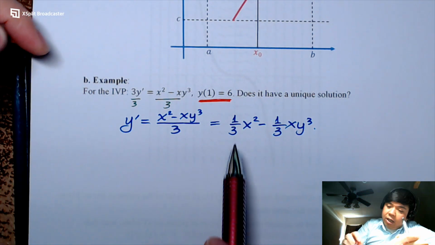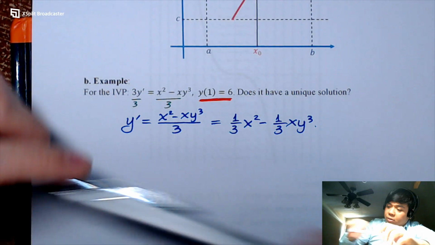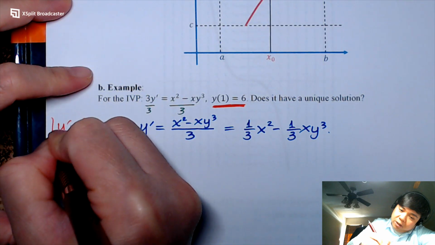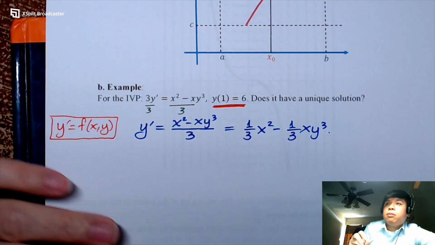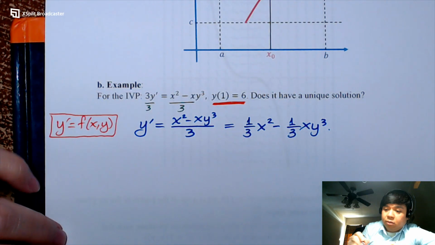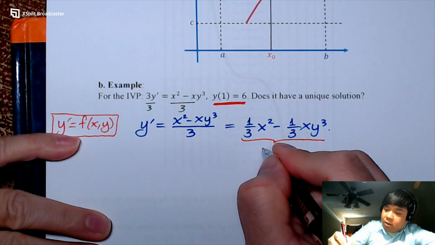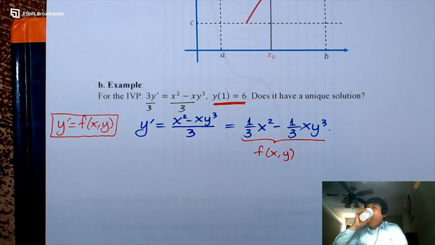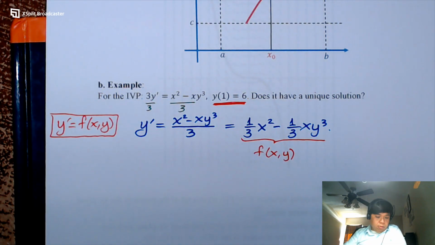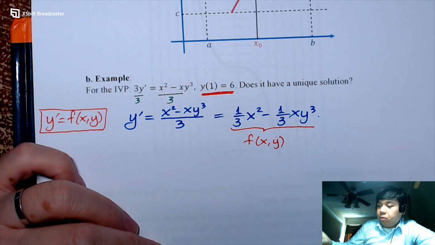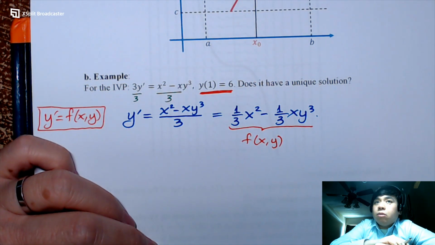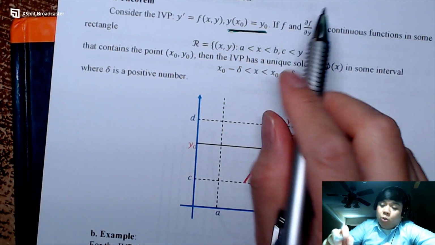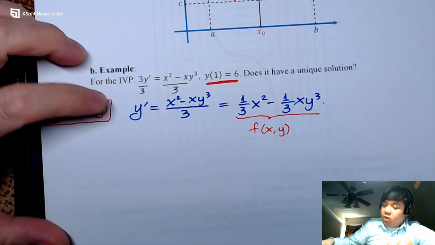Now, when we write in this standard form, the standard form is y prime equal to f of x,y. And this is f of x,y. Okay, so the theorem says if the function and the partial derivative with respect to y are continuous, so we find this is the function, right?